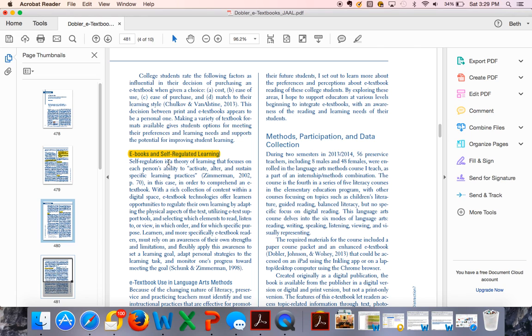So now I have linked those pieces of the chain together to make my point, starting with the broad, digital reading, ending with ebooks and how they let students guide their own learning. And so I have created a path that I've led the reader down to get them to the point where I want them to be before I tell them about my study.